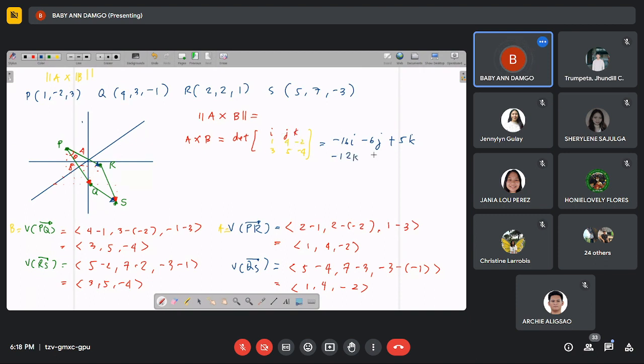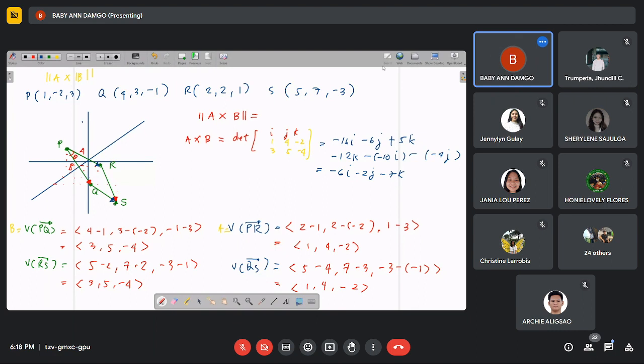And then minus negative 10I, minus, so we have negative 4J. Okay, so simplify. For I, this is negative 16 plus 10, so this is minus 6I. J is minus 6 plus 4, so minus 2J. And then K is minus 7, so this is minus 7K.